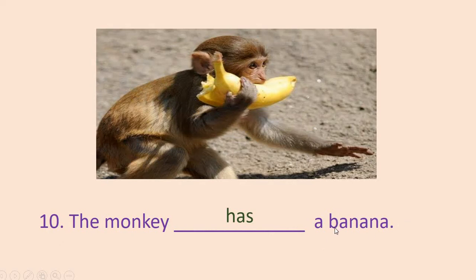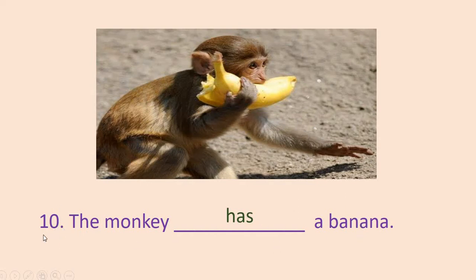See the spelling of banana. B-A-N-A-N-A. Banana. The monkey has a banana. Understood? The monkey has a banana.